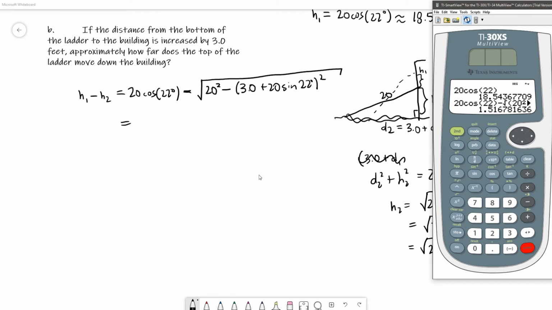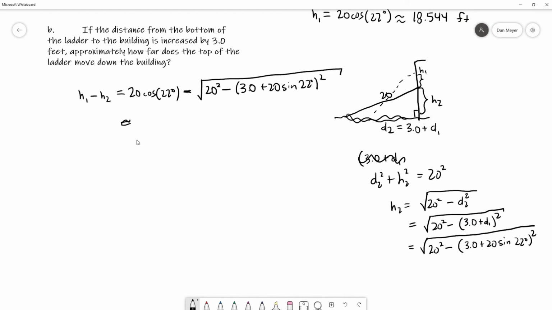Enter. All right. So the thing slid about 1.5 feet down the wall.